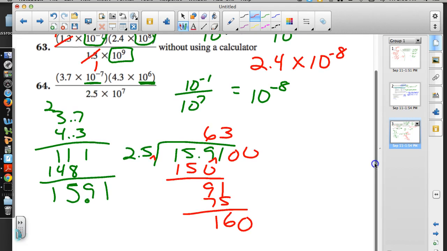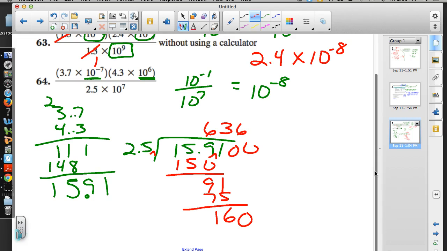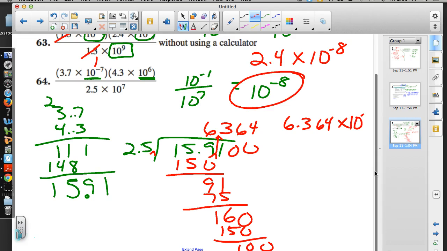Well, 25 goes into 160 6 times, gives us 150, and we have a remainder of 10, and 25 goes into that 4 times. So our decimal, again with the arrow here, would be right there, and we would have 6.364 times, now we bring back that 10 to the negative 8th that we needed up above. So there's our answer to problem number 64.